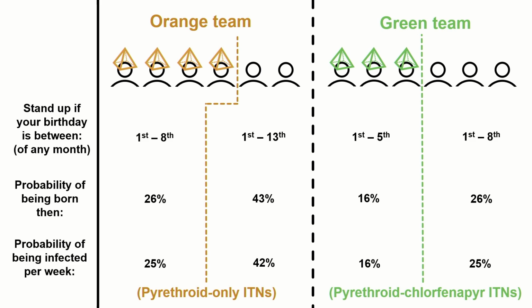You may notice there are two common percentages here. Broadly speaking, people who are in this community who aren't using an ITN have actually the same probability, roughly speaking, as the individuals in this community who are using an ITN.